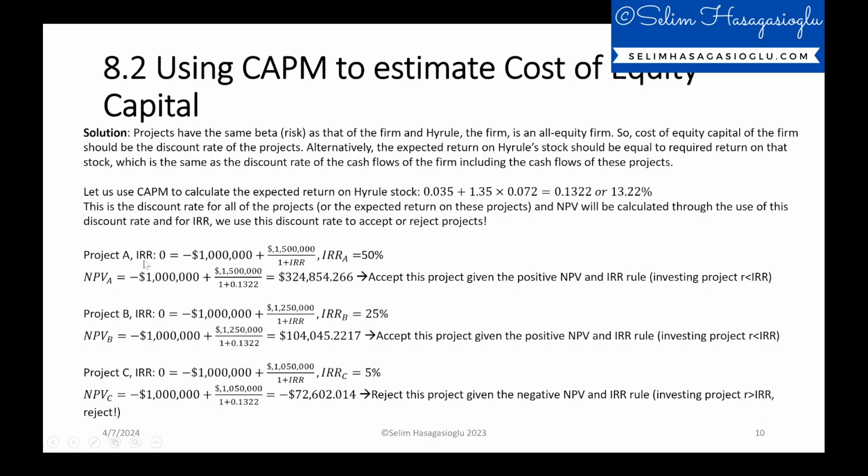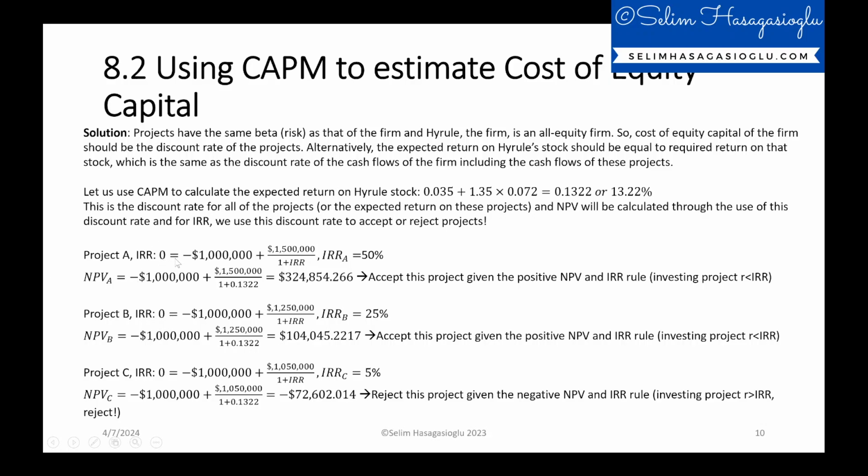So for project A, IRR, remember, IRR is a discount rate that will render these future cash flows zero. And then we will use this IRR and compare it with the discount rate of the projects, and we'll decide on whether we should invest in this project or we should reject the project.